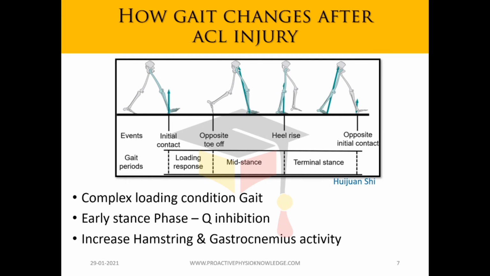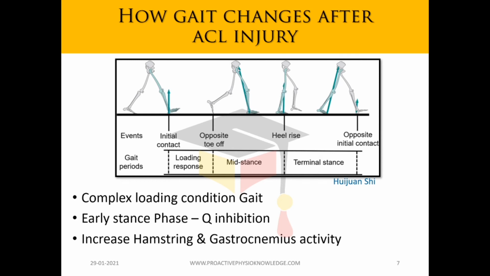Now gait plays an important role after ACL injury. During the loading phase of the gait cycle, the limb accepts the full weight of the body, and shock attenuation occurs via knee flexion, which is controlled by eccentric contraction of the muscles. When patients have instability, they alter their movement pattern by reducing knee flexion as well as the internal knee extensor movement. This altered movement pattern results in quadriceps inhibition.